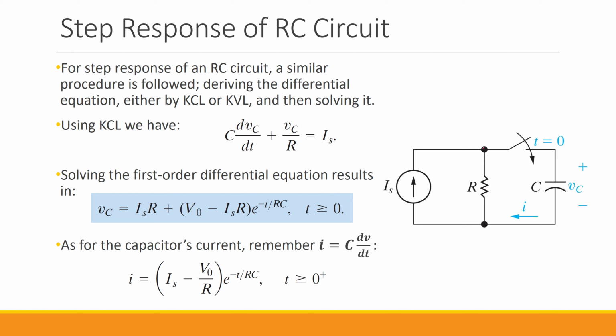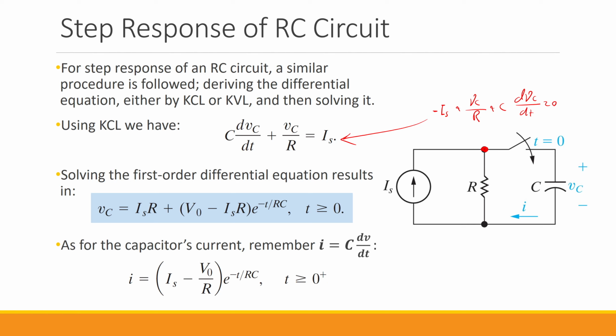So if I write down the KCL at this node, for time t equals t0, we have negative IS plus the voltage here, which would be VC over R, plus C dVC over dt equals 0, or if I rearrange that, I get C dVC over dt plus VC over R equals IS.